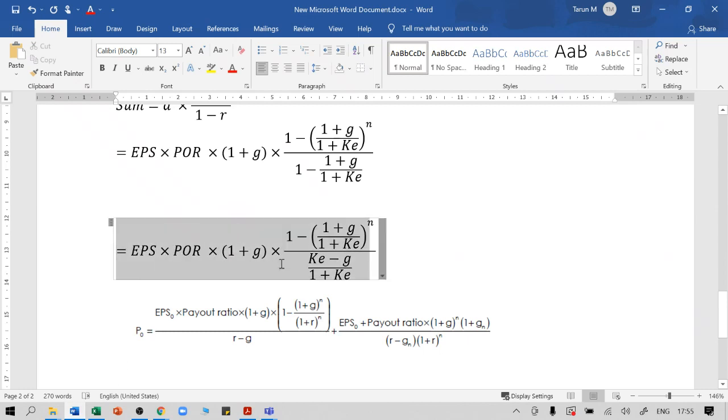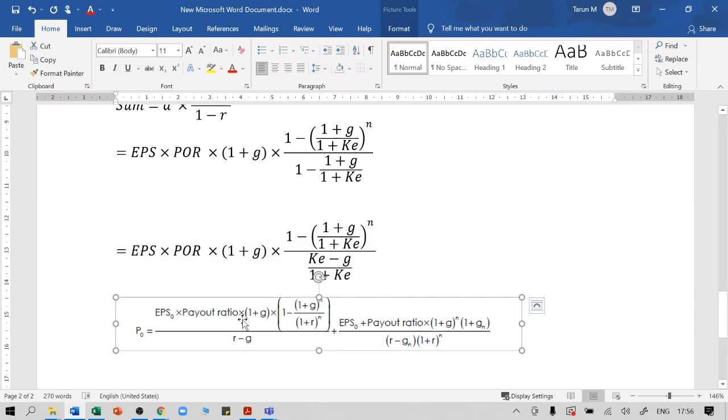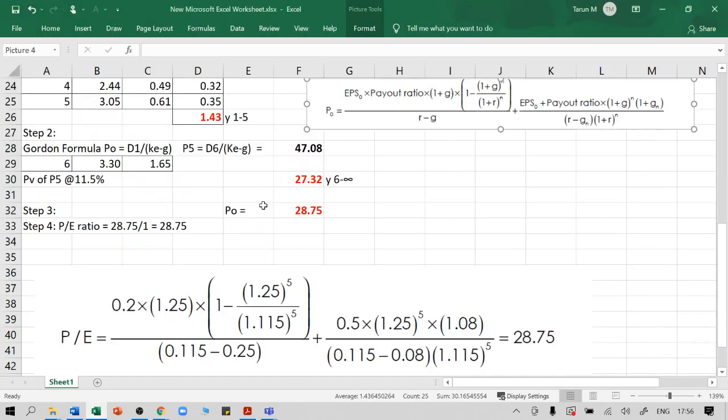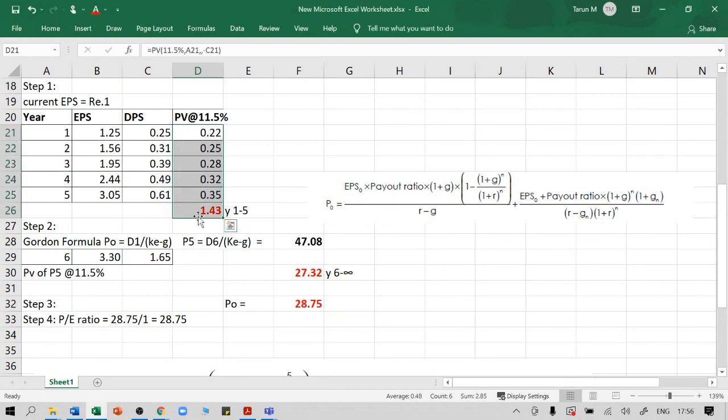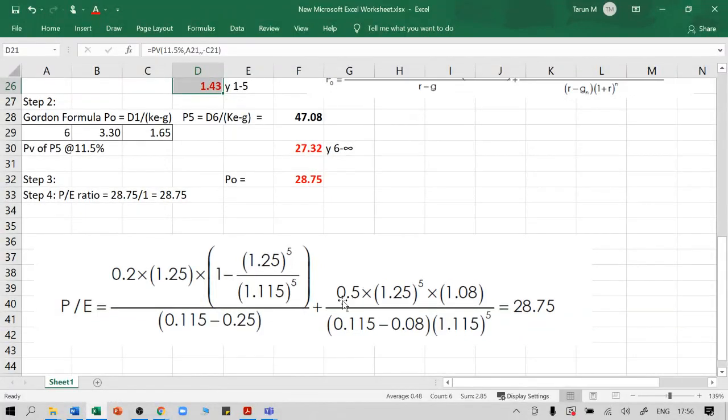So finally, when I solve this part, these two things will become equal. What I'm trying to prove here is that this first part of the formula is nothing but the shortcut for calculation of the sum of present value for the first 5 years, and the second part of this formula is nothing but the shortcut to calculate the present value of terminal value. So this is the whole logic behind the formula.